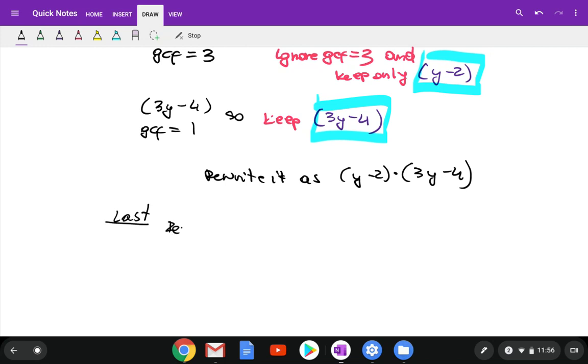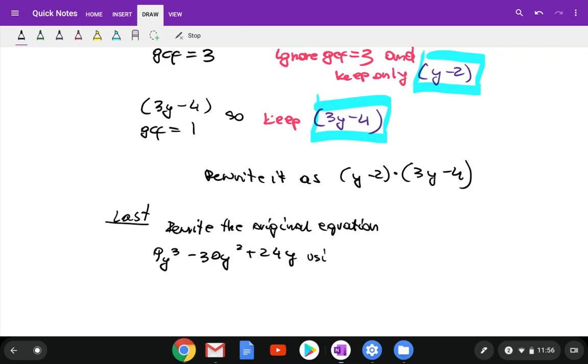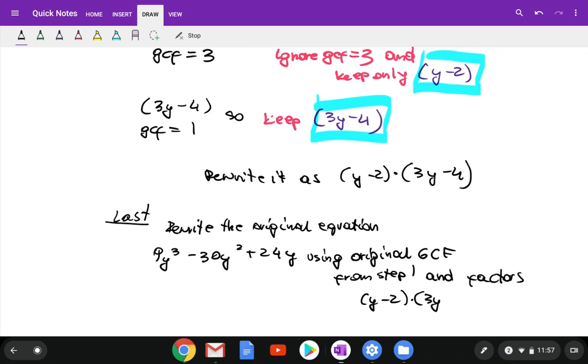Rewrite the original equation, which was 9y to the third power minus 30y squared plus 24y, using original GCF from step 1 and factors y minus 2 times 3y minus 4.